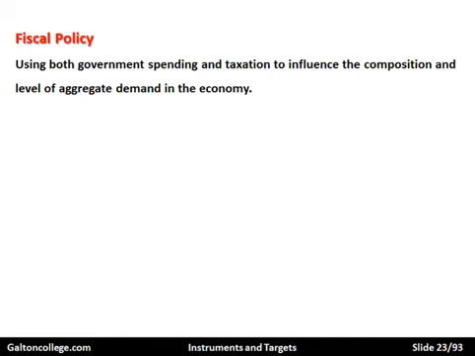So the government has control over what it spends. Well, it should have at least some control over what it spends. It may not have entire control over what it spends, because many items of expenditure are pledges made through political parties or services that we deem to be important.